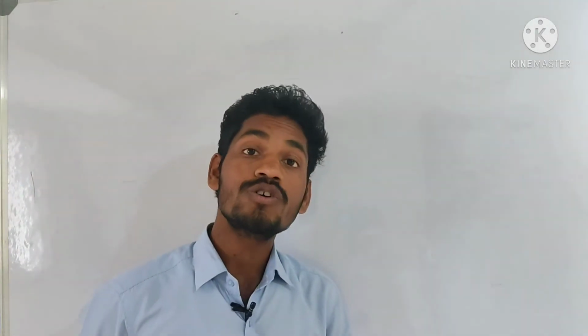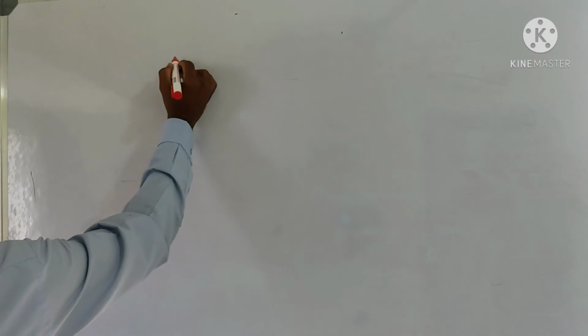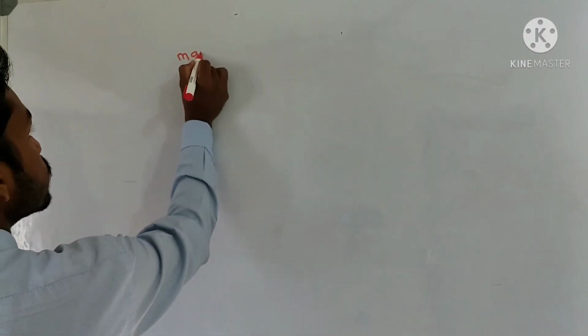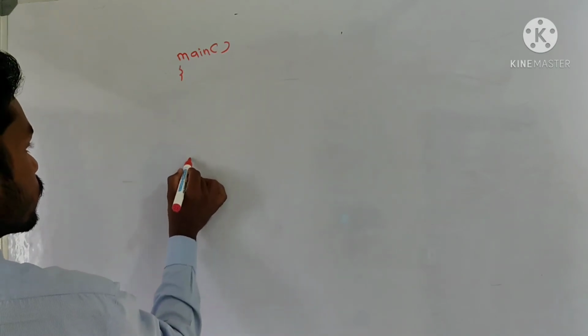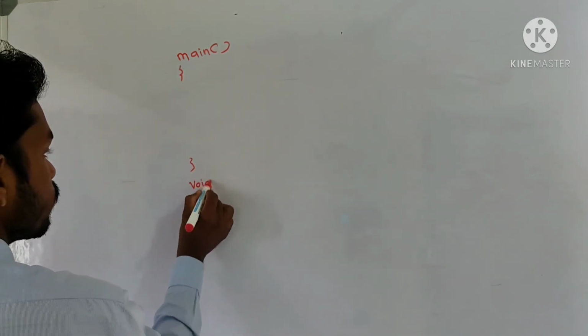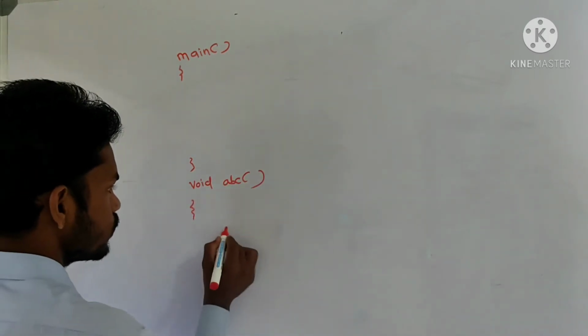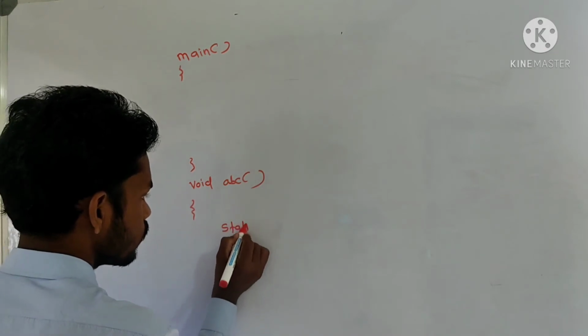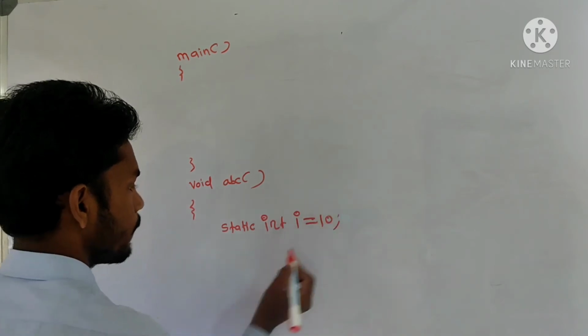One of the most important features of the static variable is reinitialization. Reinitialization is not possible in case of the static variable. Example: suppose this is the main function, and this is void abc, with static int i equal to 10.